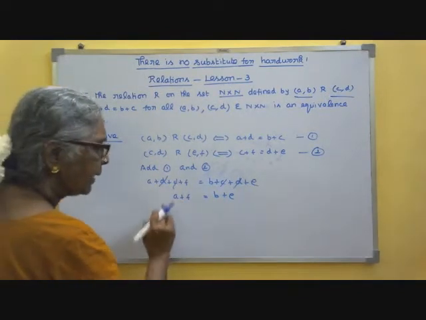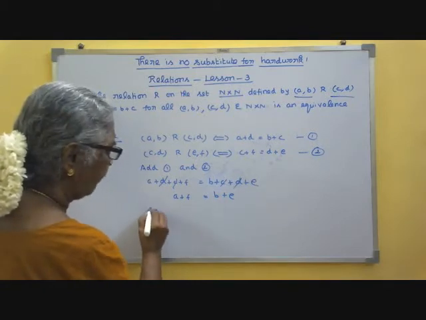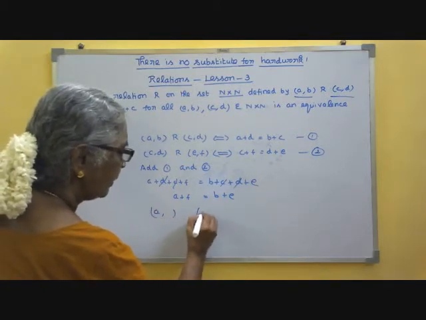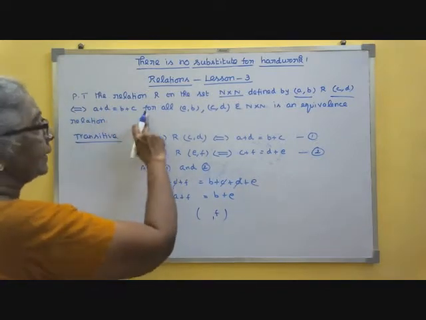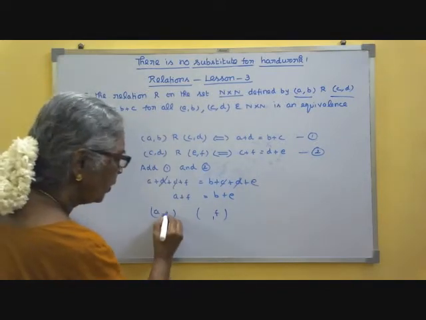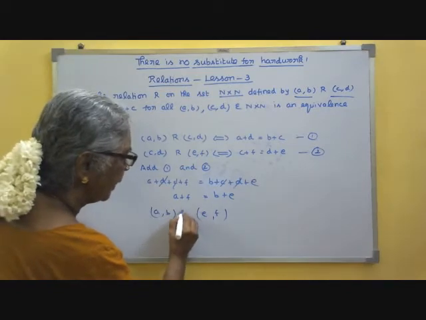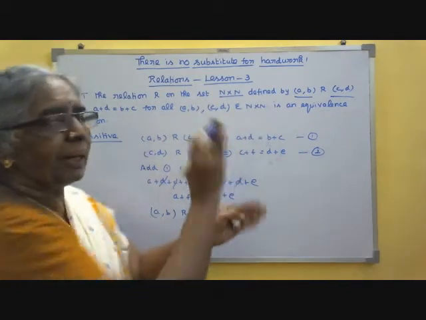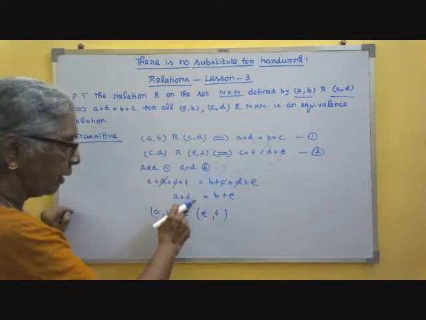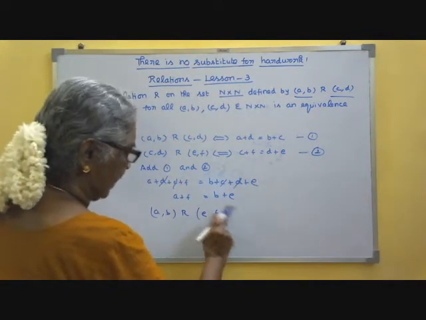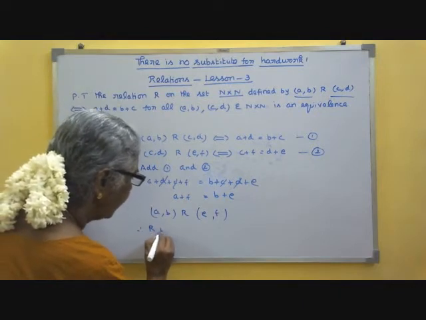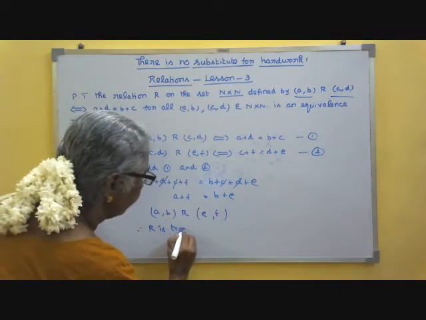So in A plus F, A should be the first element here, and F should be the last element. Then B plus C, second and third element. So here should be B, here should be E. So that is why the double implication I told you. So here this implies (A, B) related to (E, F). Therefore R is transitive. Do you follow?